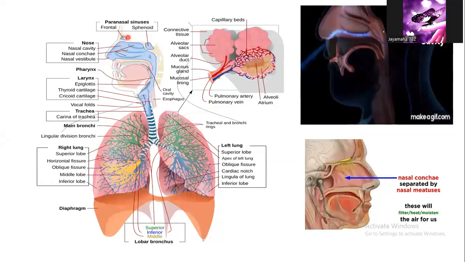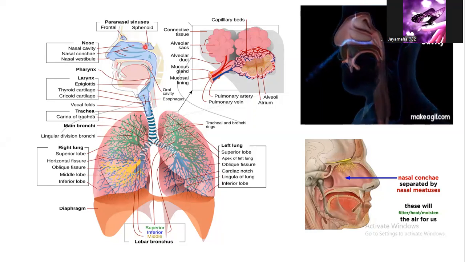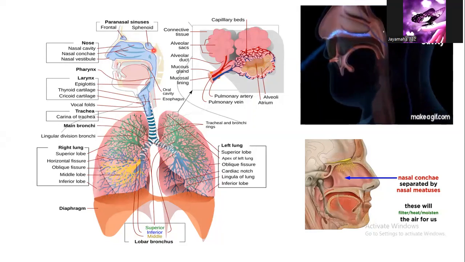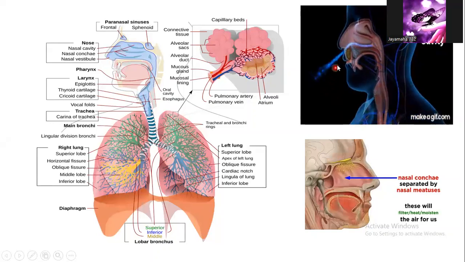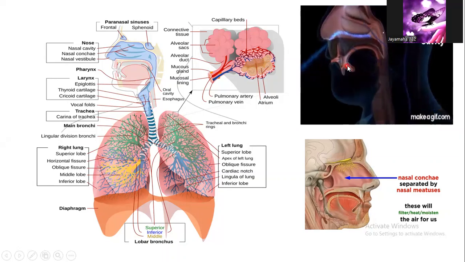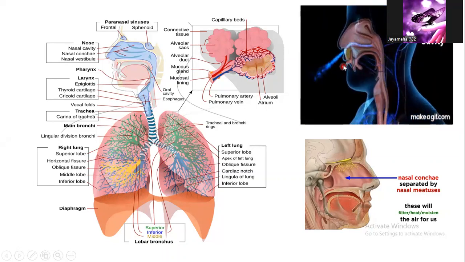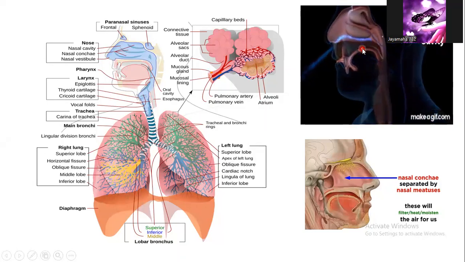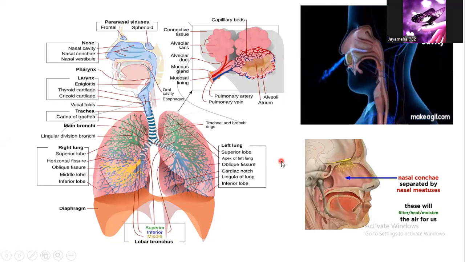Above, it is situated the frontal sinus, and there you can see the sphenoid sinus. From this animated GIF, you all can see how the air is entering into the nasal cavity and flows through this passage.